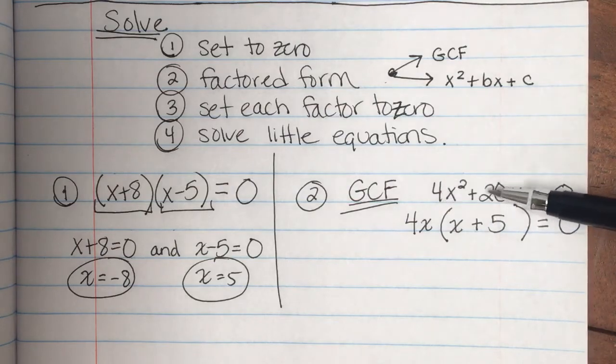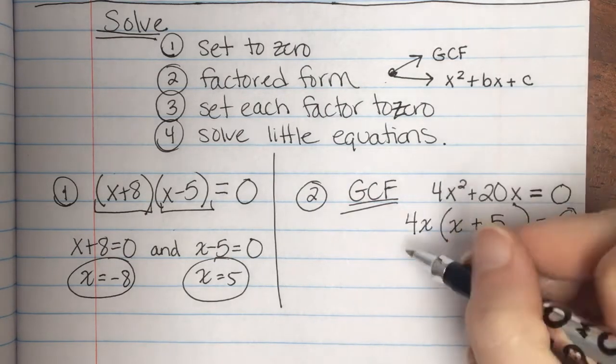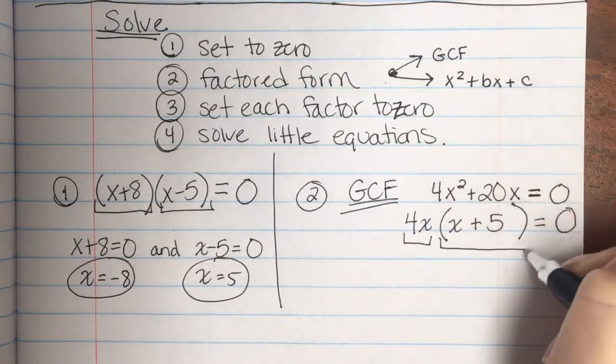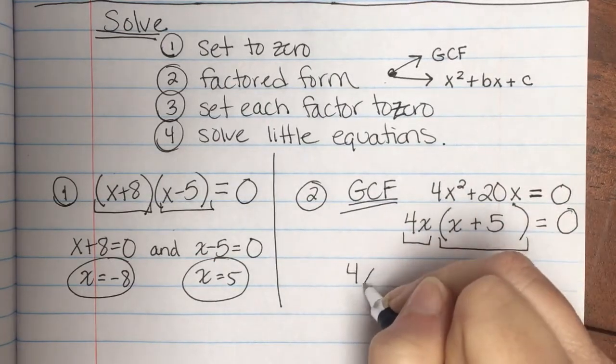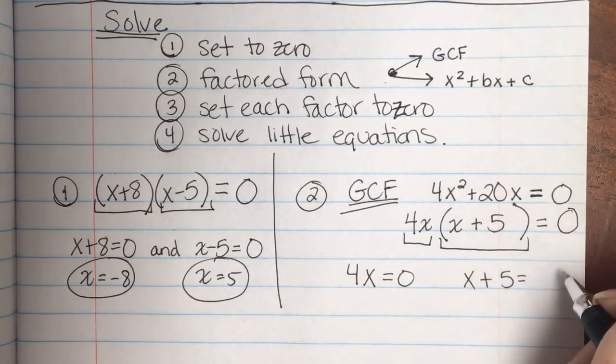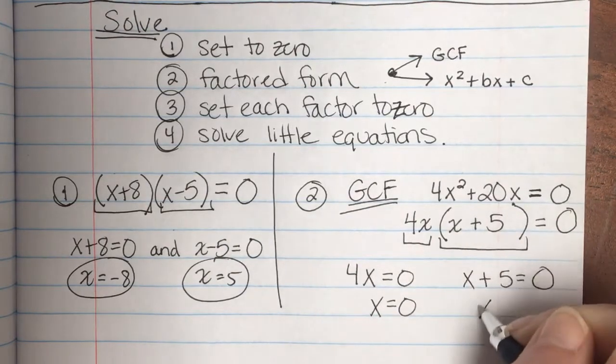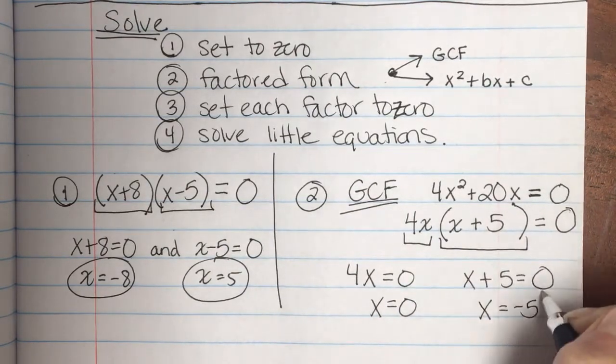See how we pulled out or divided out a 4x from both of those terms. Now it's in factored form, so I can take each factor and set each factor to 0 and solve. So I get x equals 0 and x equals -5.